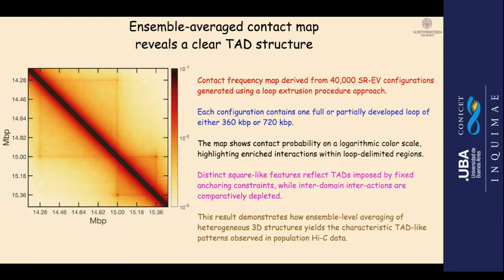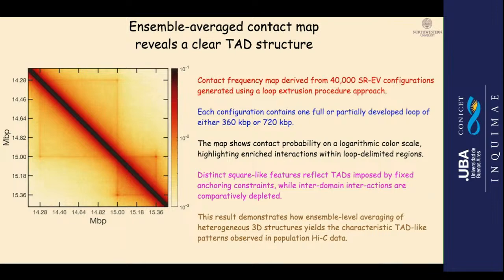Each configuration contains either a full or partial loop of 360, 60, 70, and 20 kilobase pairs formed through a loop extrusion-like procedure.